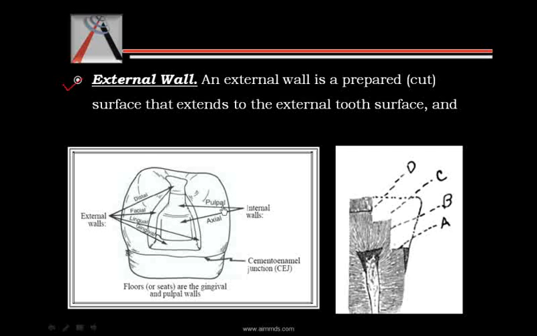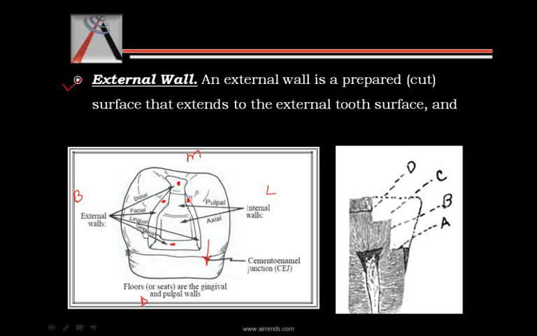For example, if this is our tooth and this side is the lingual side, and here we have the mesial, and this side we have the distal, and here we have the buccal side. In this particular scenario, this wall will be called as the mesial wall. This particular wall will be called as the lingual. Here this will be called as the buccal, and this which is facing on the gingival side will be called as the gingival wall.